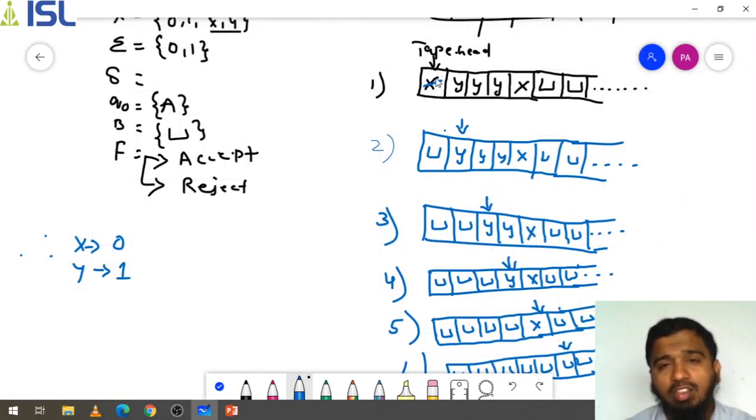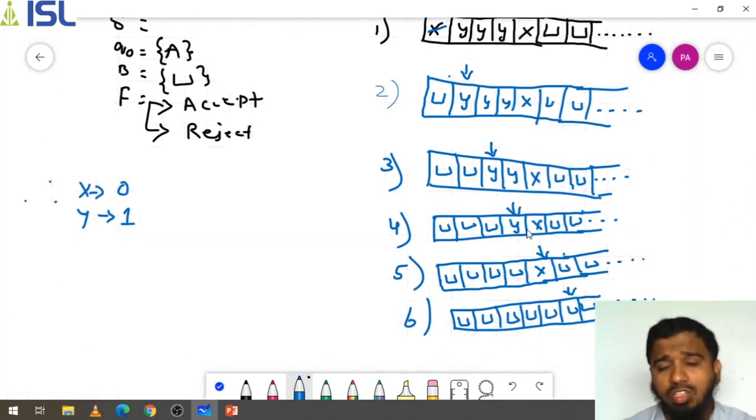First, tape head at the first place, either it can move to the left side or the right side. If you go to the left side here, because you are at the left end of the tape, you cannot move left further, because of that we can move to the right side. So, in the second step, my header is in the second position. In the third step, my header is in the third, and fourth step my header is in the fourth state, and fifth one is a fifth state.